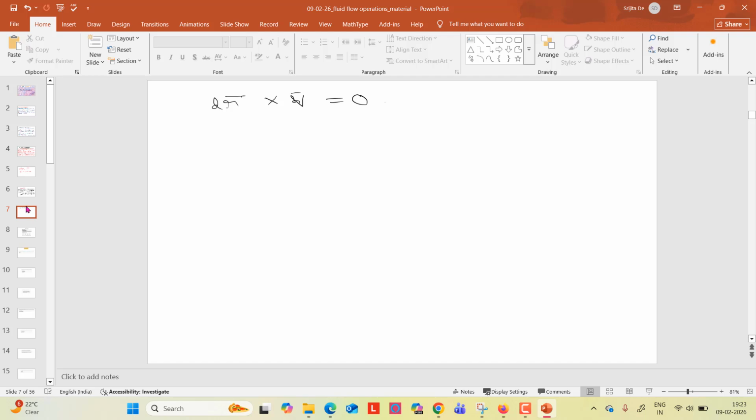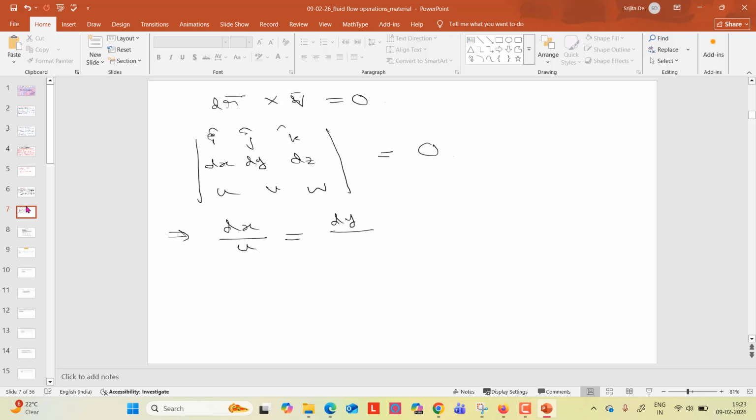So what it will be? i cap, j cap, k cap, then dx, dy, dz, then u, v, w equals to 0. So what is coming? It is coming as dx by u equals to dy by v equals to dz by w, right?